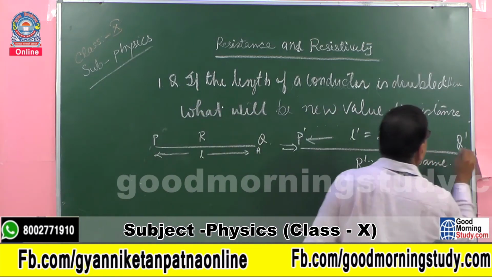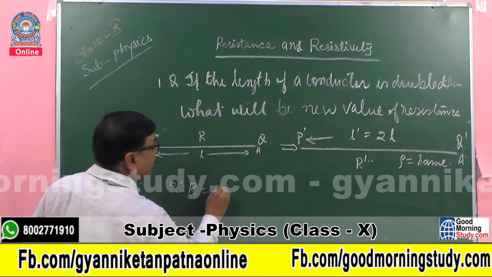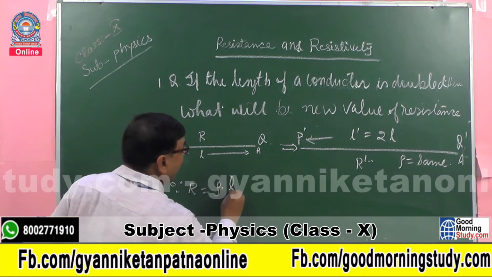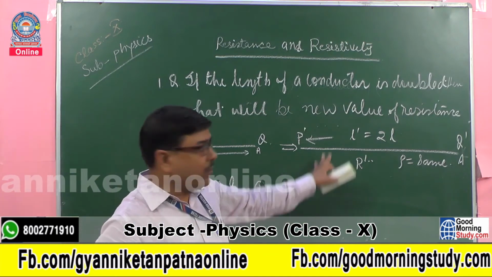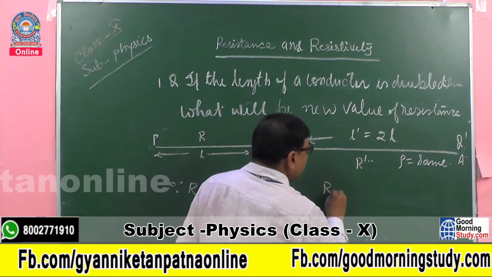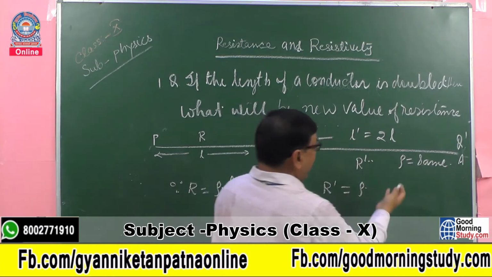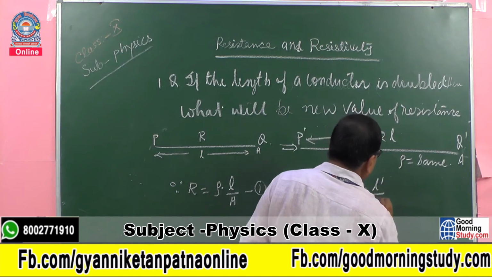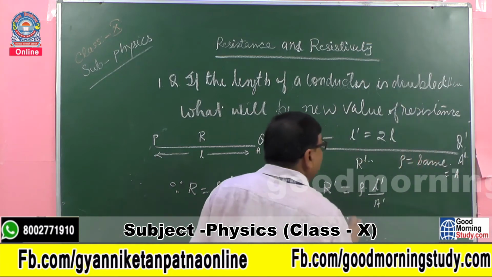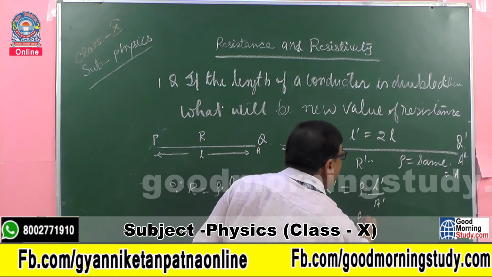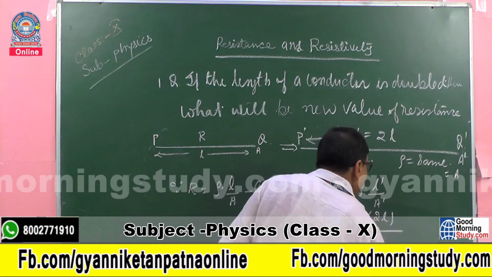And the area is A here. So, as we know, R is equal to rho into L by A. This is equation 1. And in the second case, R dash is equal to rho into L dash by A dash, where the material is the same, so rho is the same, and A dash is the same here. Now put the value: L dash is equal to 2L, A dash is the same.